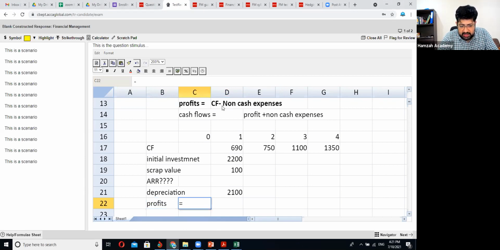How? Sum all the cash flows, minus depreciation. Total profits.